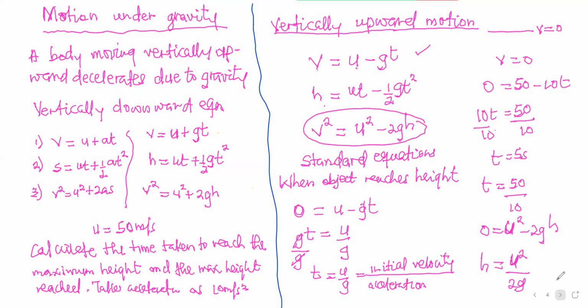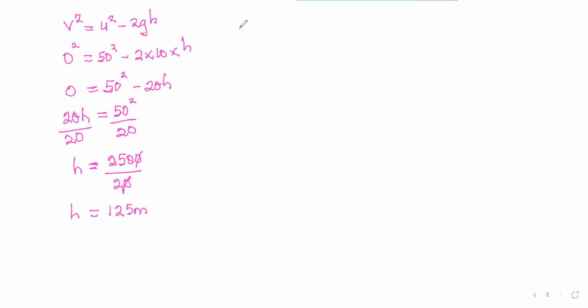If we use that, it gives us the answer straight away. So 50 squared over 2 times 10, 2,500 divided by 20, which will still be 125.